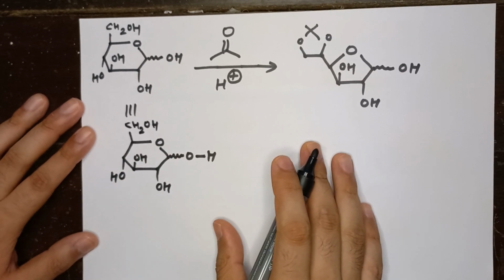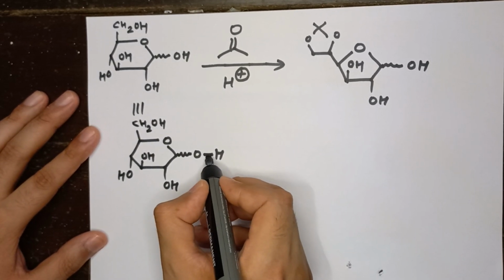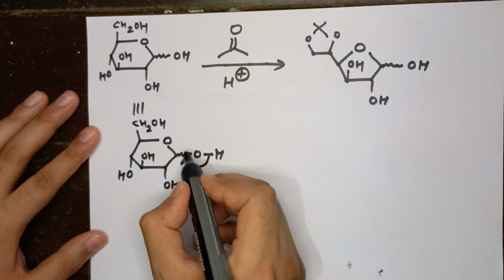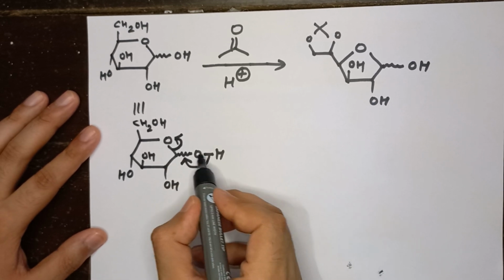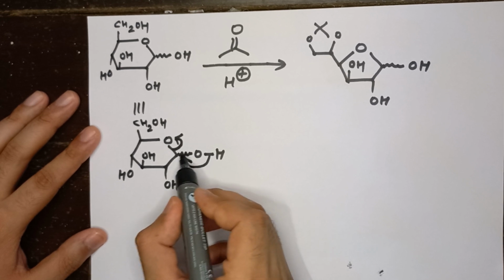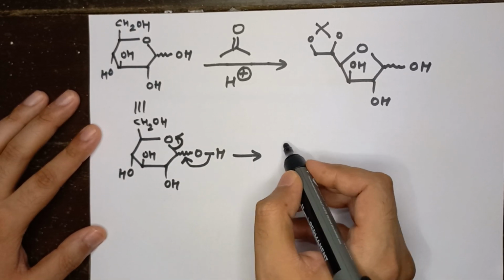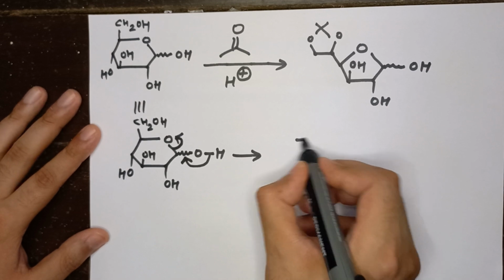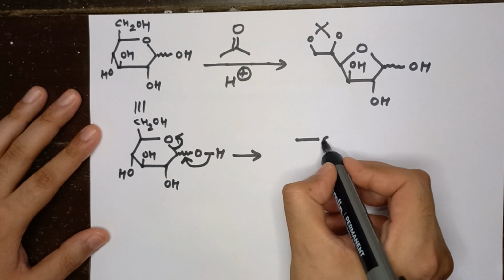So what is happening in the first step is this bond is going to break. This will form a double bond here, and this bond will break. So this OH bond is breaking, forming a double bond here, and this CO bond is breaking. This O minus is getting this H plus, so it will be converted into OH.